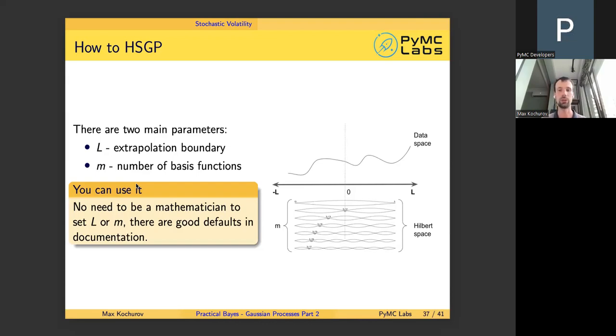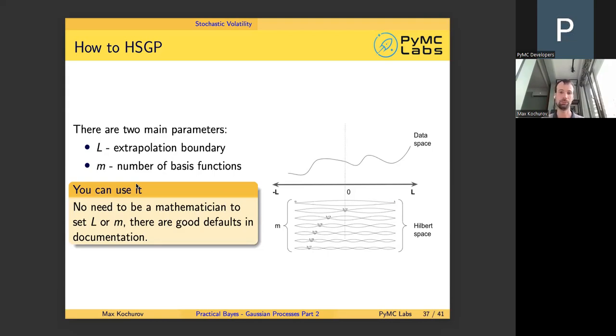It is only valid within the extrapolation boundary. And a practical way to fit HSGP to data is to center the time dimension. So you have negative time, positive time, 0 in the middle.